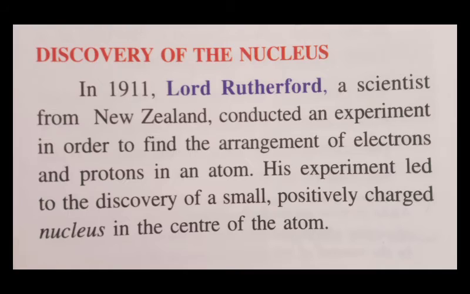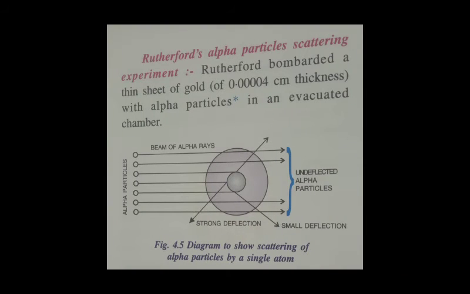right? So what was the arrangement? Positively charged alpha particles were fired at a thin gold foil in an evacuated chamber. Alpha particles are rays of positively charged particles, right?